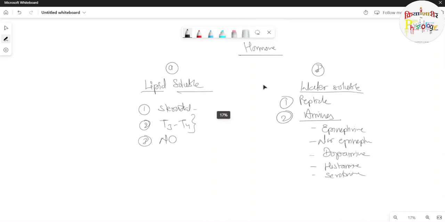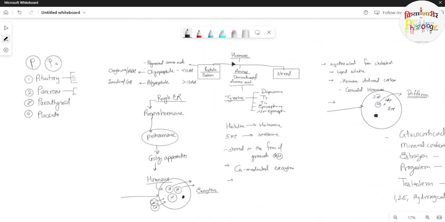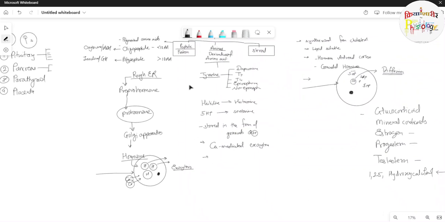Okay, so in short, again we revise it. Hormones: peptide hormone or protein hormone. Second type is amines or derivatives of amino acids. Third one is steroids. Okay. Peptide hormones can be divided into oligopeptide or polypeptide.